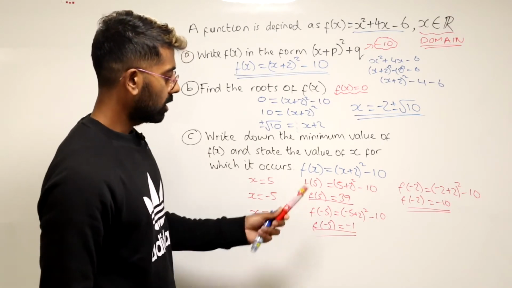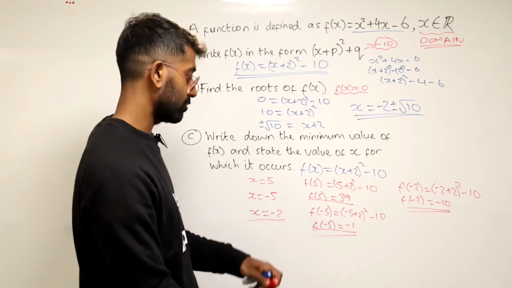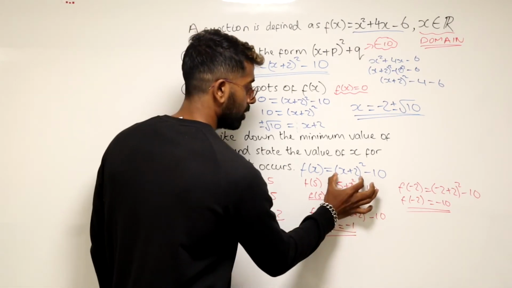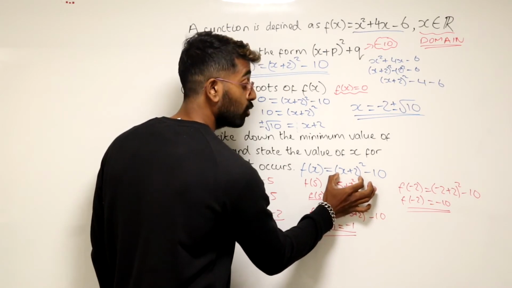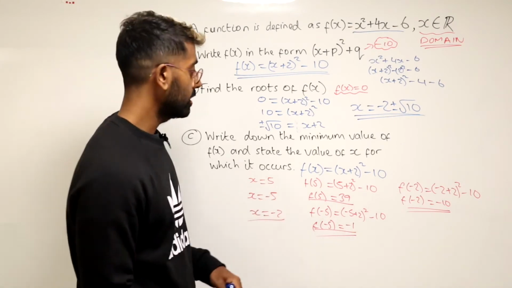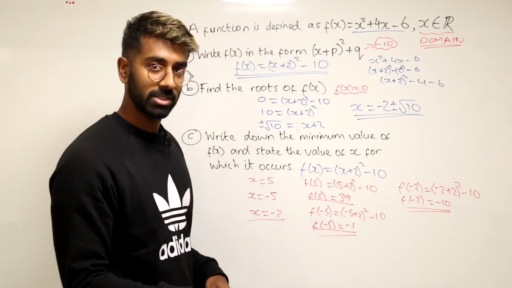Now, why is that going to be the smallest number or the minimum value that you can get? Well, because of this. This part here, the smallest that could be is going to be 0. Why? Because whenever you square a number, it always makes it positive.